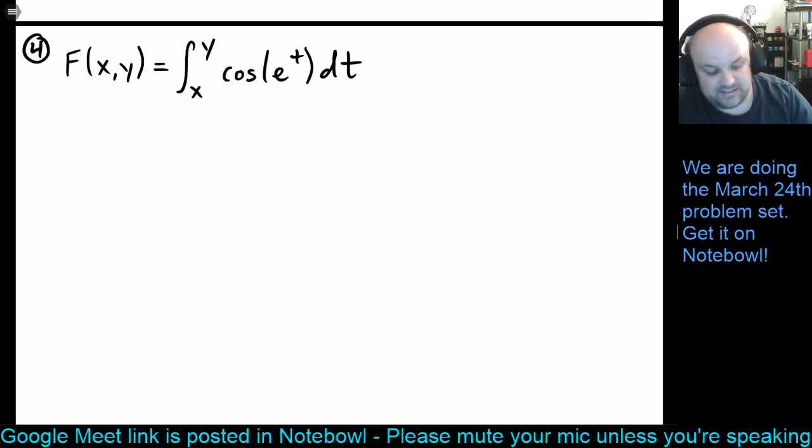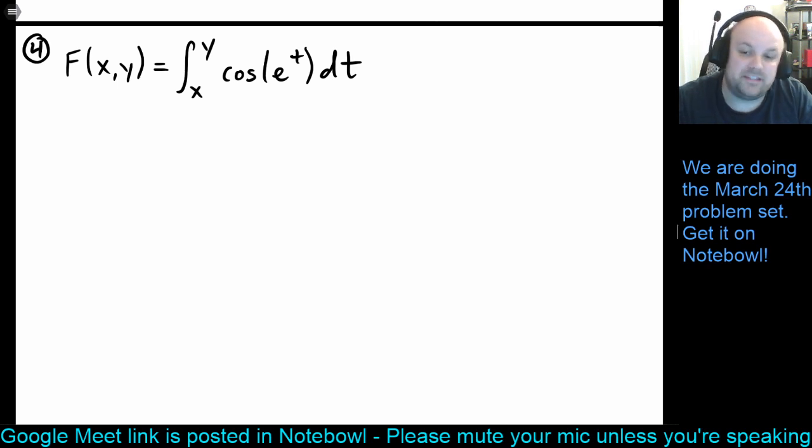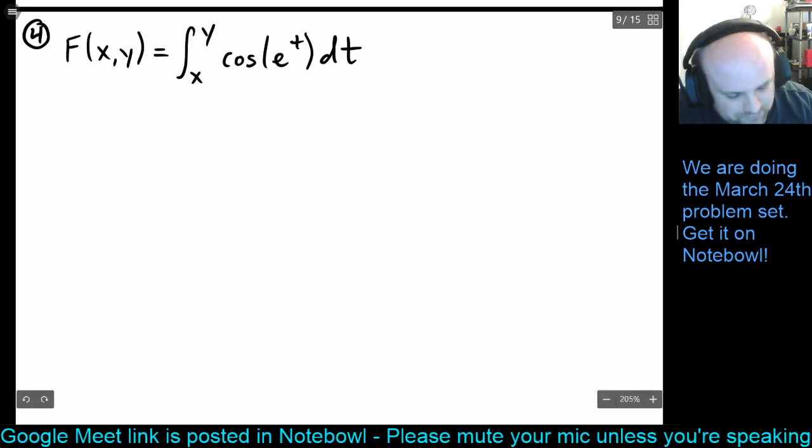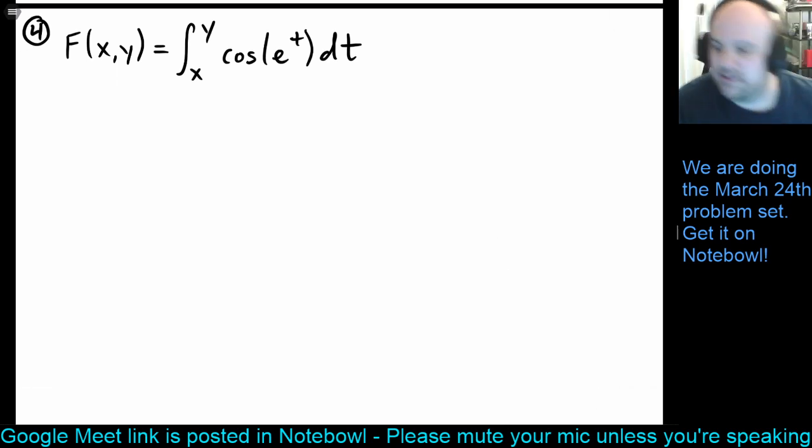Or maybe the function on the inside is a probability distribution, saying what's the probability of landing between these two numbers, whatever that means for your particular distribution. Integrating those is how you find probabilities. Setting it up as a function like this and taking derivatives could let you know how these things are changing.